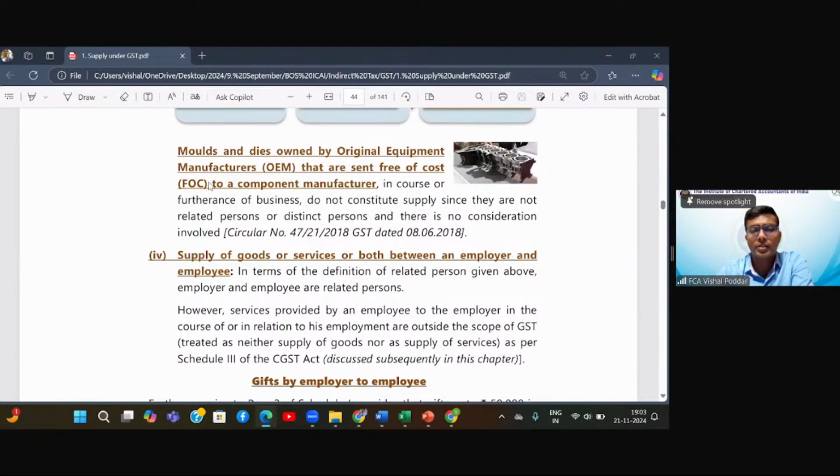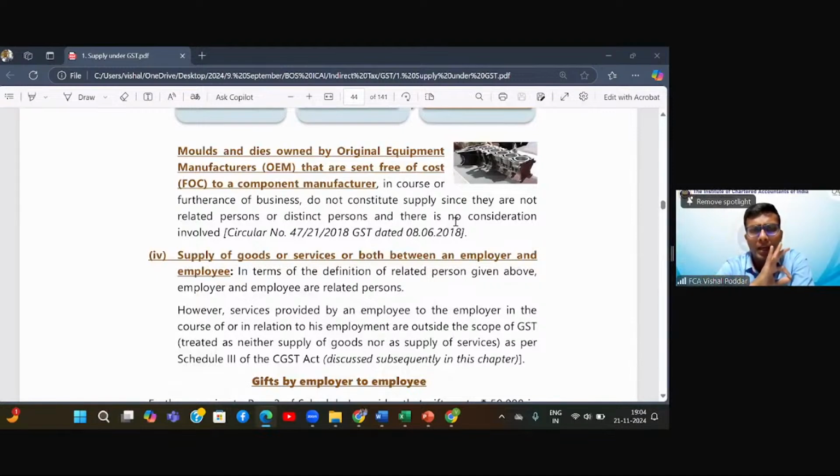So now what is this case? I'll first read out the case, then I'll give you the brief of what this clarification is and why this clarification is. So molds and dies owned by original equipment manufacturer that are sent free of cost to the component manufacturer in the course or furtherance of business do not constitute supply since they are not related or distinct persons.